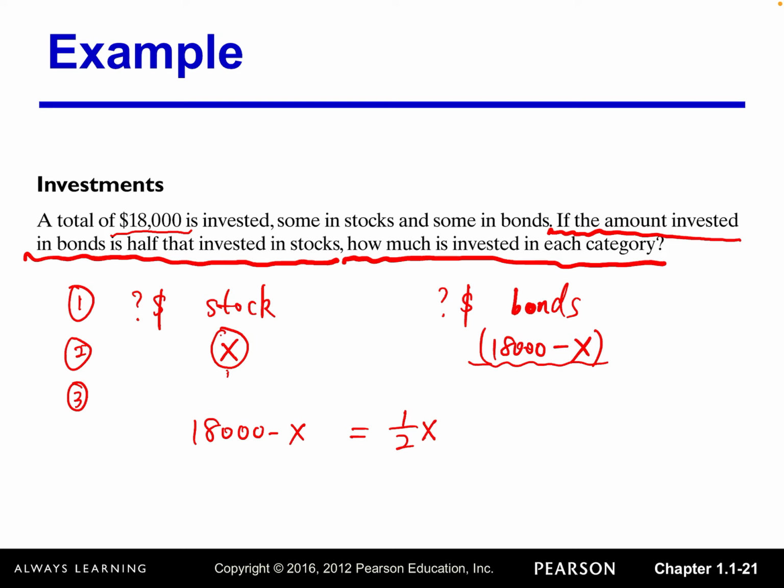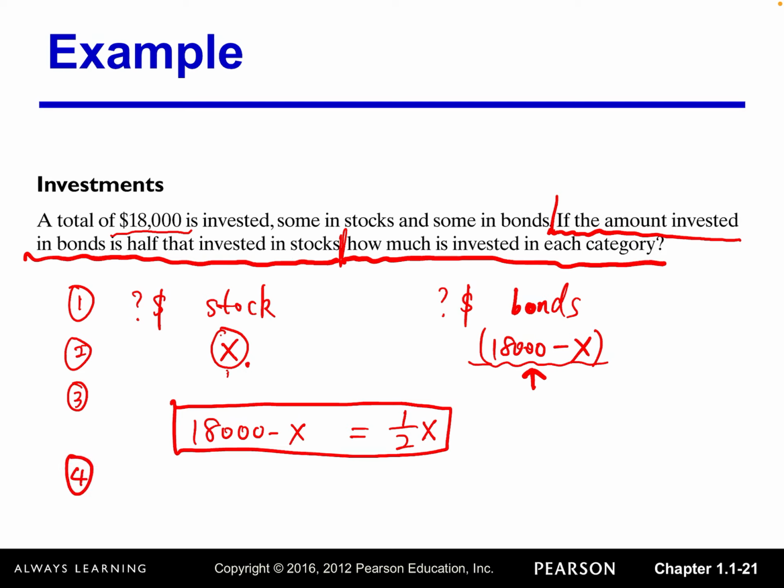So by translating this sentence from here to here, I set up the equation like that. Think about that for a minute, see whether that makes sense to you. The amount of money invested in bonds, which is here, is half of the money invested in the stock.